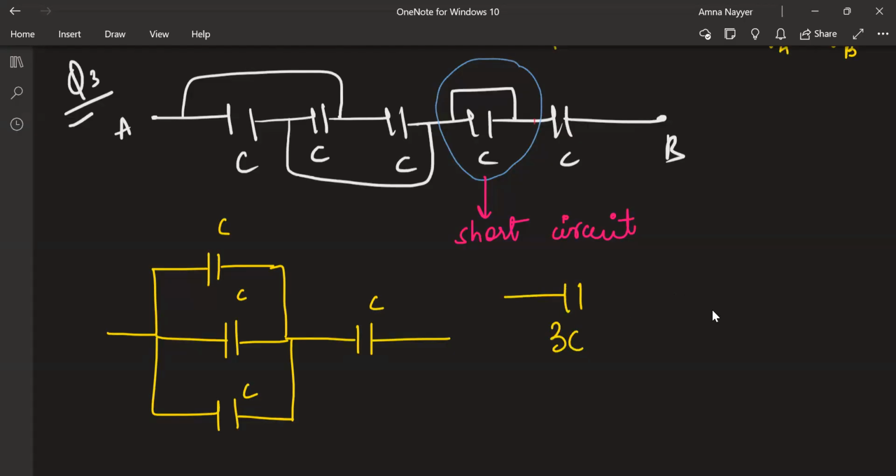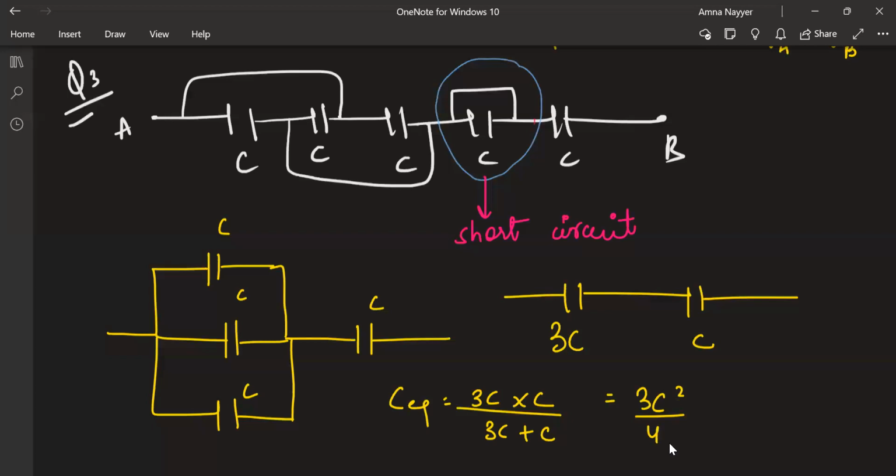And for the series, I can just put the C. Now, our C equivalent will be 3C into C by 3C plus C, which is 3C square by 4C, which is equal to 3C by 4. This much of farad. Clear? Yes, ma'am. Okay. Just write this one.